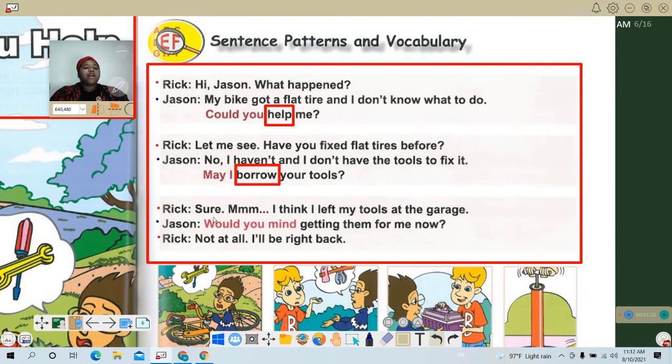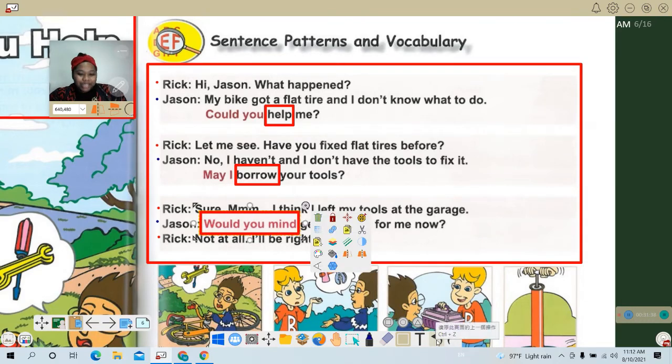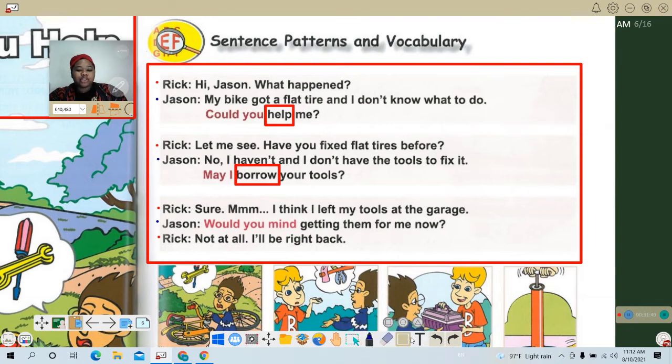Next, another question that you can ask, so it will still be nice. The person will think that you are a nice person. Then you need to ask, would you mind blah, blah, blah. Now this one, you need to have ing.